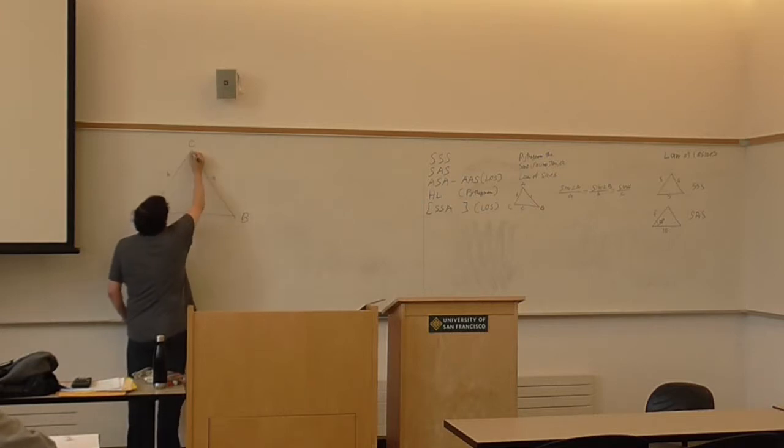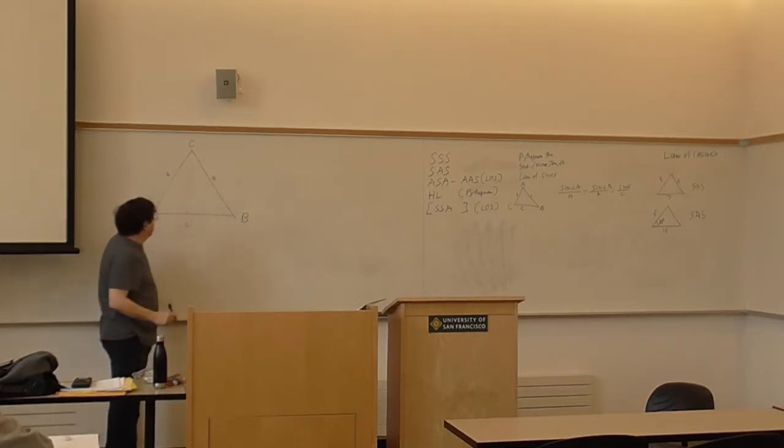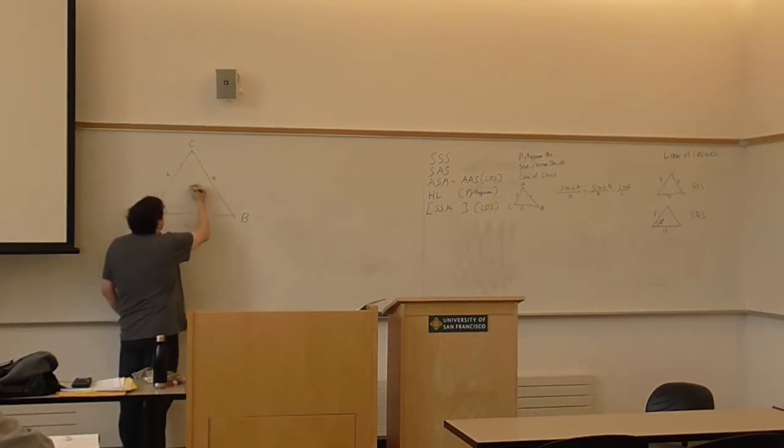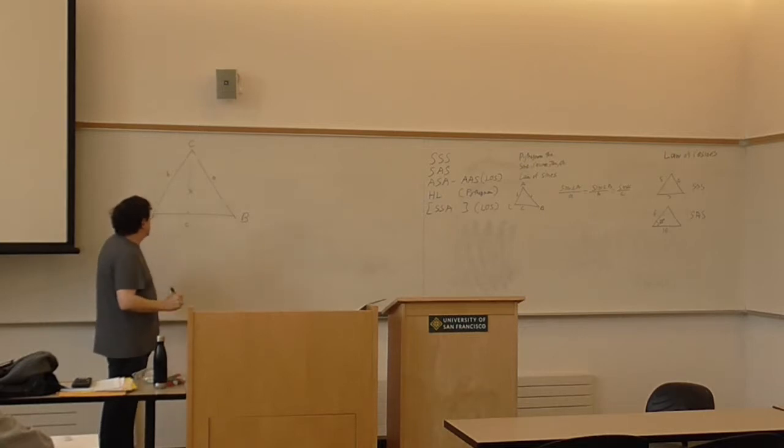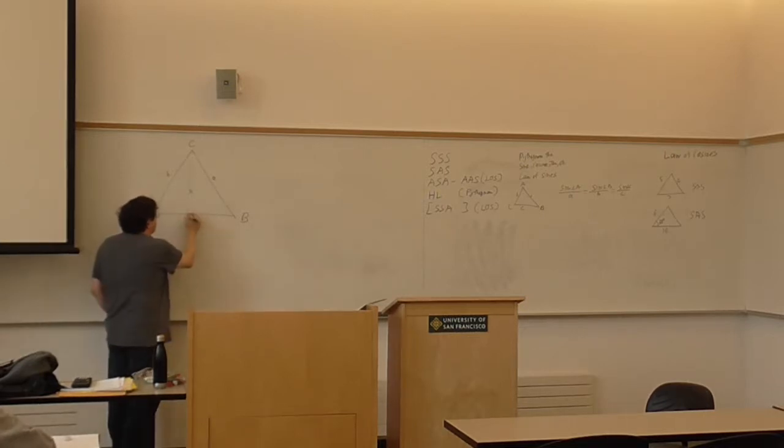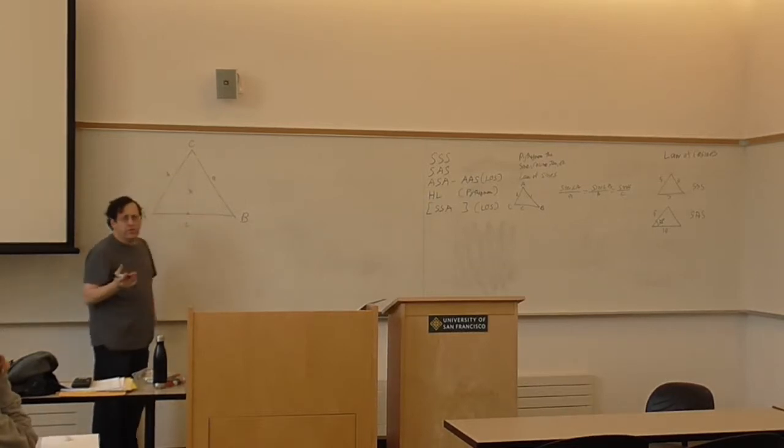I'm going to drop an altitude from the C angle, and I'm going to call the length of that altitude h for height. And I'm going to use the point where the altitude meets the opposite side to divide it into two pieces.